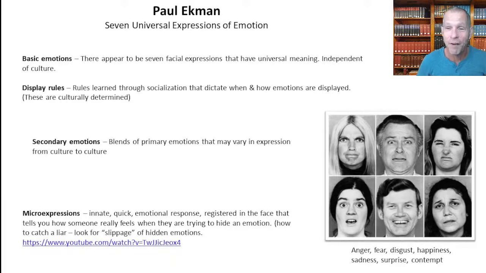Now, what he did find is that there are different display rules that are culturally determined. So when we are angry, everyone over the world shows it the same exact way. The only thing is, cultures determine whether or not it is acceptable to express an emotion in that given setting, and these are known as display rules.